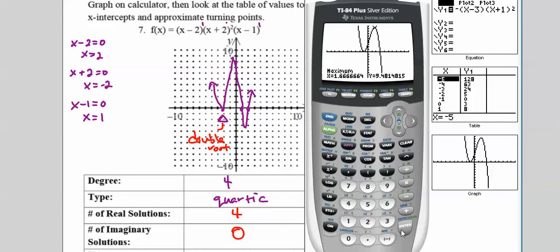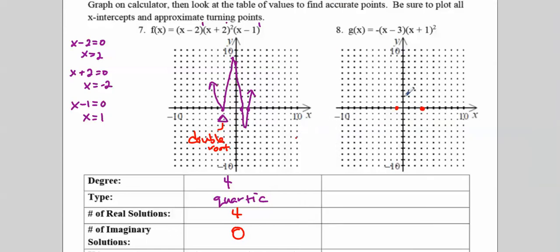So 1.7, 9.5. Let's see. 1.7, 9.5. Okay, somewhere around here. Alright, to calculate our y-intercept, I can substitute 0 for the x's.